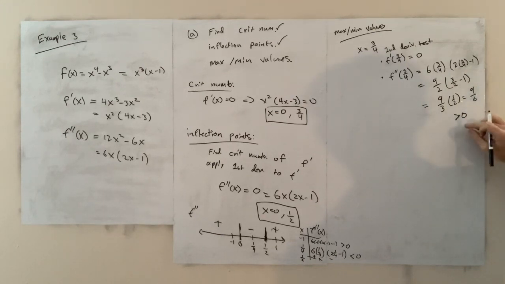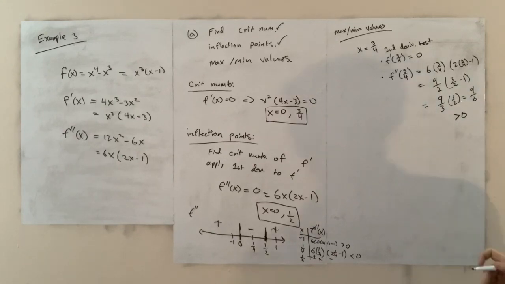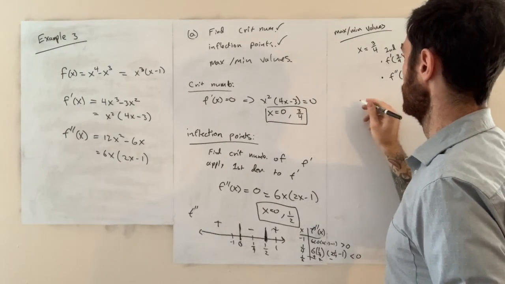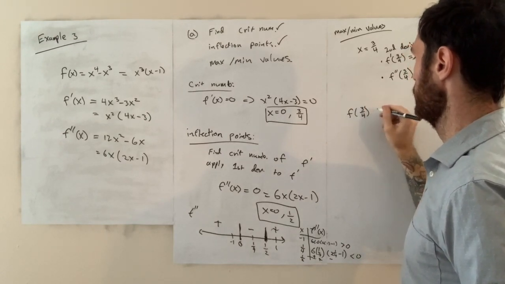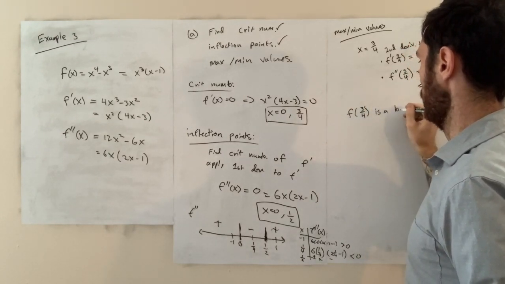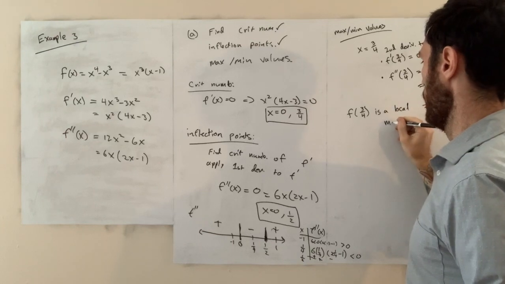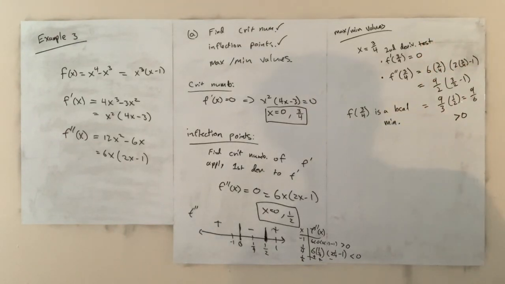The function is above it, it's concave up. So f of 3/4 is a local minimum value. That means that it looks like this. This is kind of what it looks like.